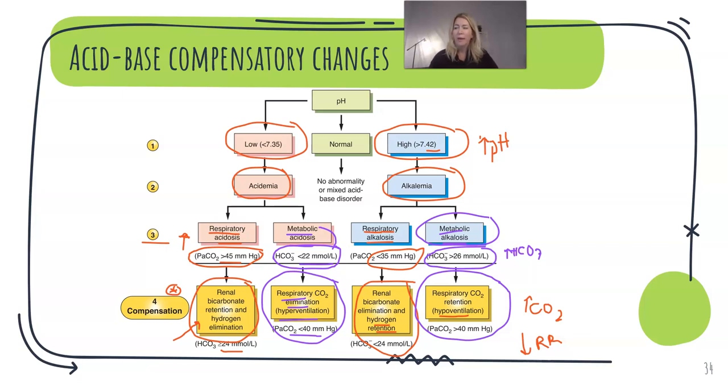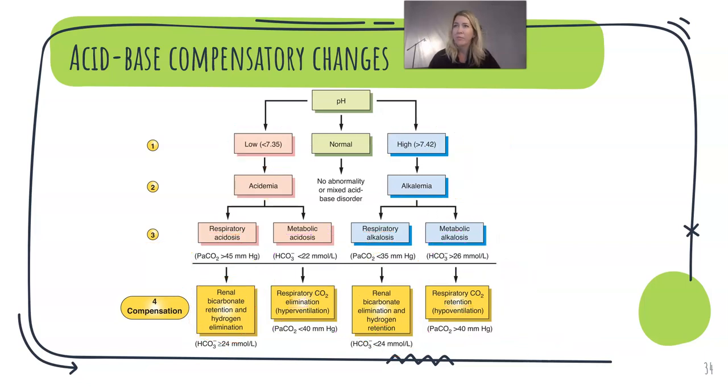So if you had a compensated metabolic alkalosis, what you would have would be hypercapnia, which means more than the normal amount of CO2. Okay, and I'm just trying to review some of the terms because we had talked about that today. So that is the overview kind of briefly, and hopefully this is helpful for you.